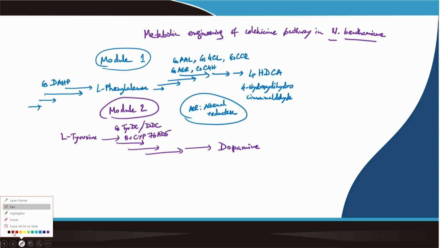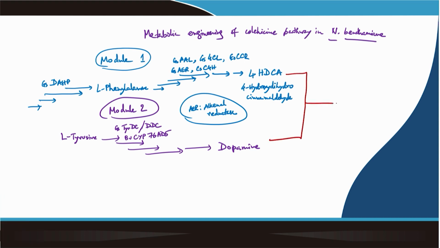So, this and this will join together by the action of CJ NCS, norcoclaurine synthase, and that leads to the formation of 1-phenethyl isoquinoline.